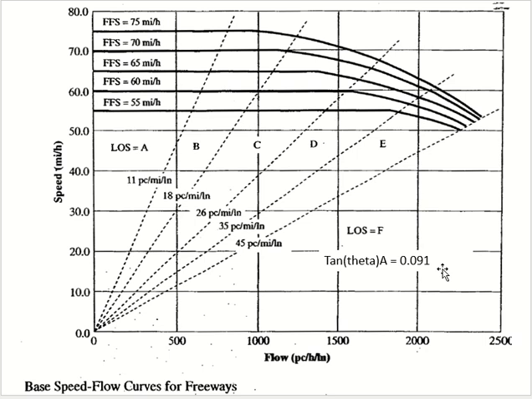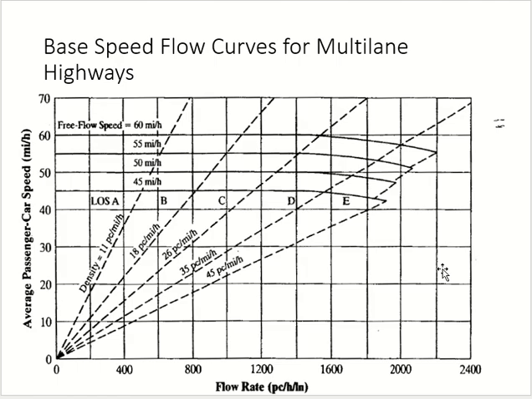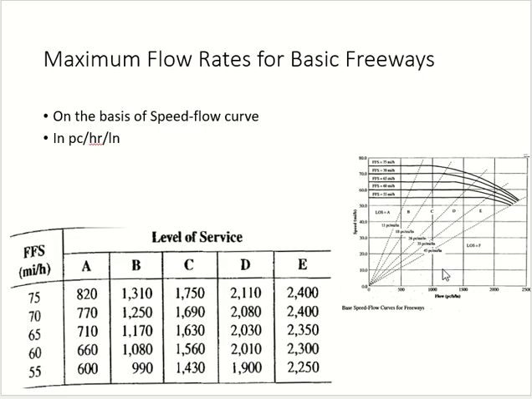For this question, our free flow speed is 65. Do you see 65 here? So the curve is already drawn and the lines are already drawn. They already know the intersection points. Where are the intersection points? They are given here. So I know the maximum service flow rate of A, of B, and C and D and E. Clear? Okay.